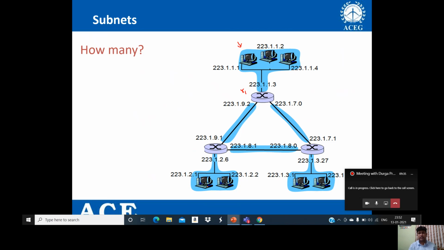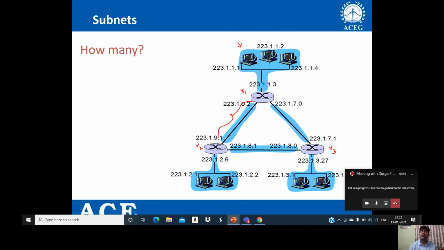Two devices are connected to one more router, R2, and the third router connects the remaining 2 devices. Here the routers are not only connecting to the devices, but each router is also connecting with the remaining routers.